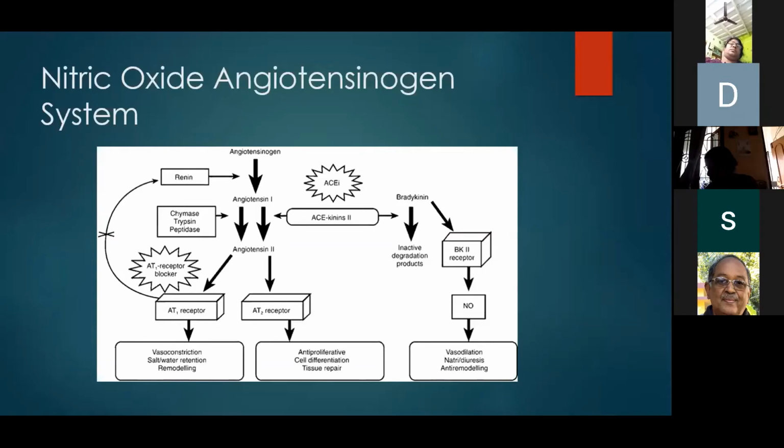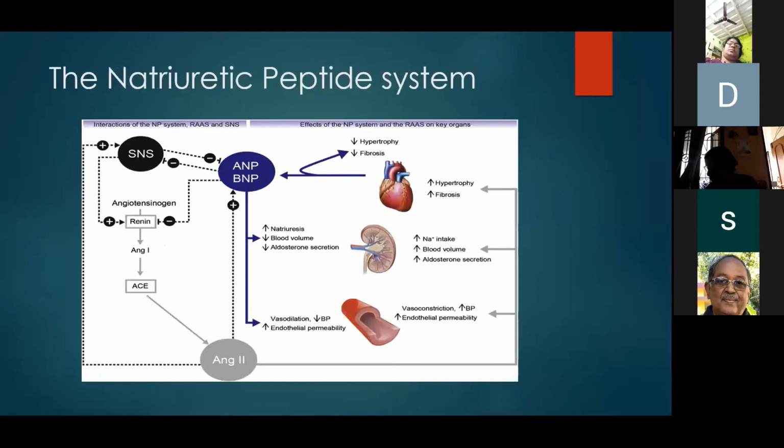And the next most important, as we all know, is the natriuretic peptide system. Whenever a patient comes with cardiac failure, we always tend to measure BNP, the B-type natriuretic peptide. All these are present mostly in the heart muscles. Some of it is present in the periphery as well, and some in the brain.